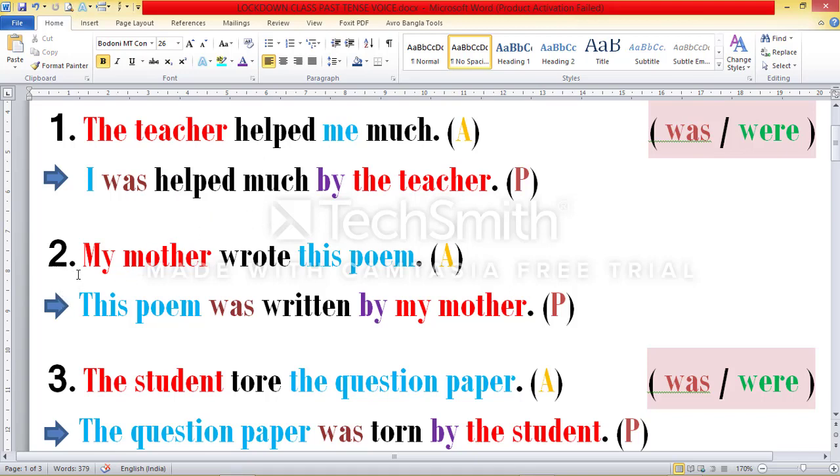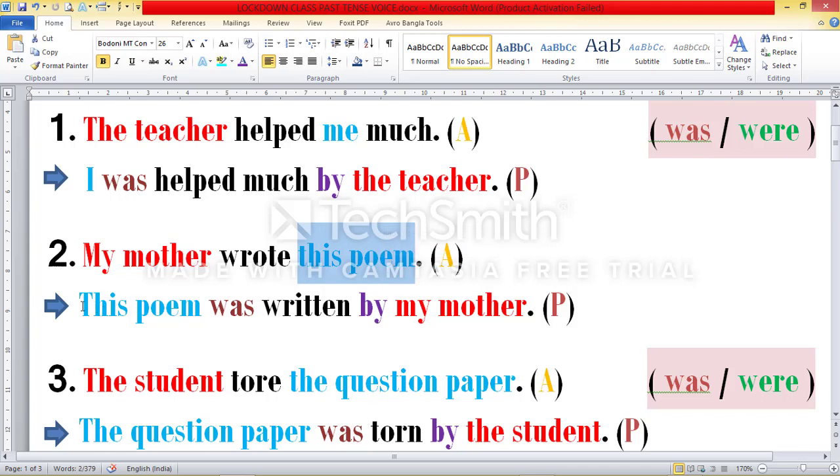The second sentence is, my mother wrote this poem. And in this sentence, if you observe, you'll come to know that my mother, this is the subject. And this poem, this is the object. So first of all, we have to make the object subject.